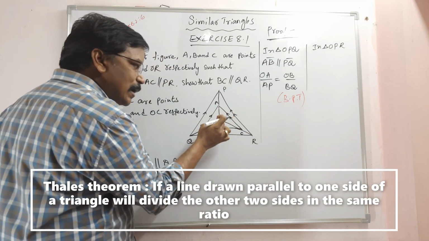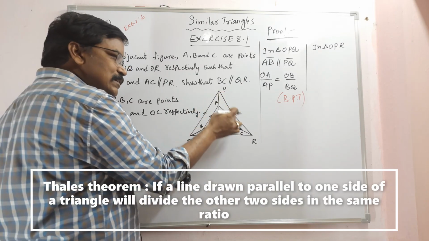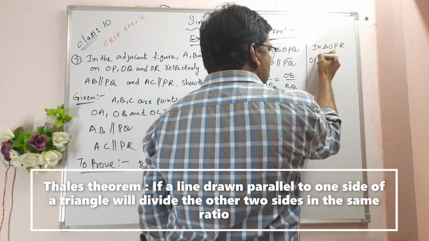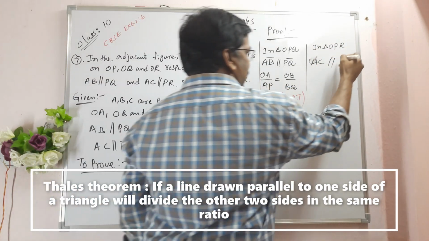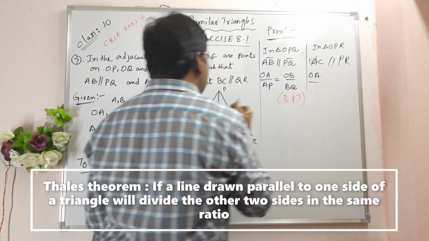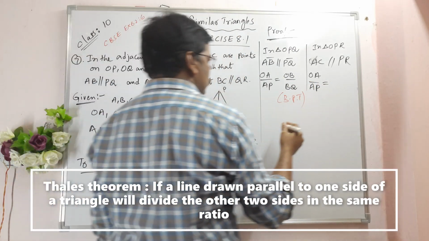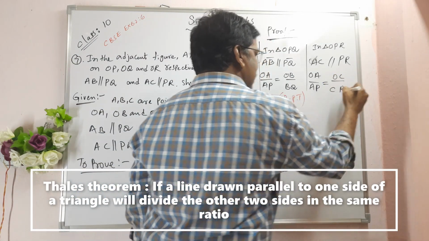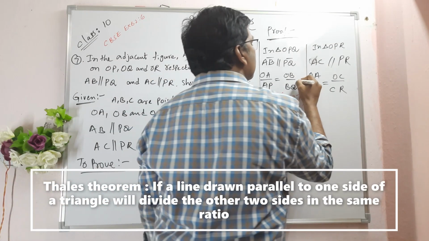Coming to triangle OPR, AC is parallel to PR, so this line divides the other two sides in the same ratio. That means OA by AP is equal to OC by CR. Again basic proportionality theorem.